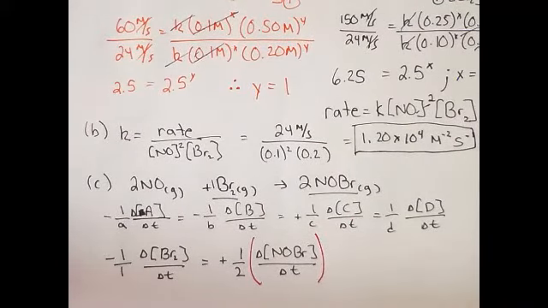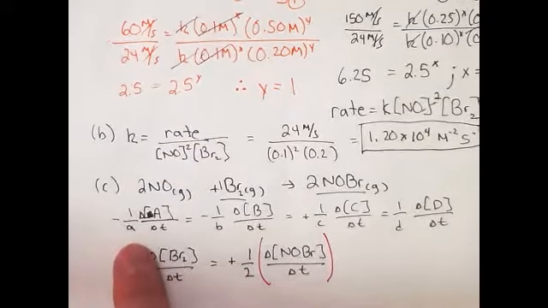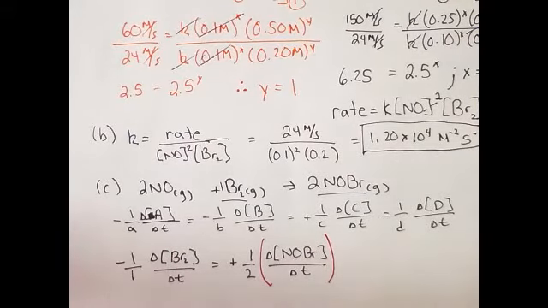Everything else we have to rearrange and solve for. So what we get now is that the rate of disappearance of bromine is half the rate of appearance of NOBr. That's what we've written. Obviously, I don't need to write the 1 over 1. I do need to include the negative because it is a disappearance. But other than that, we are probably okay.